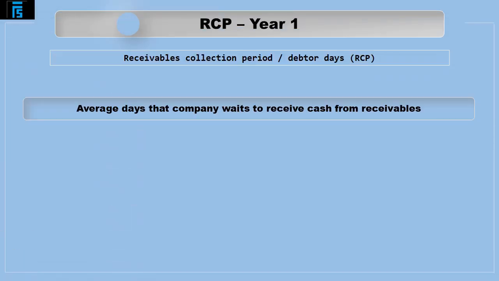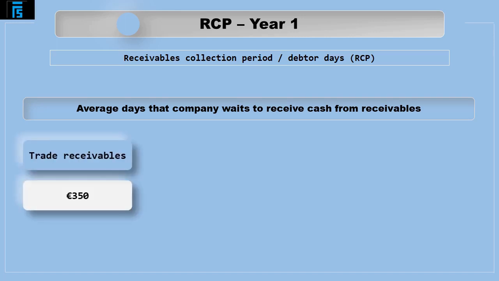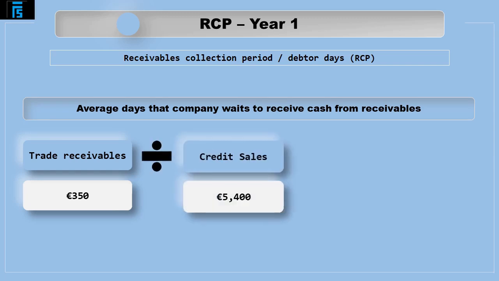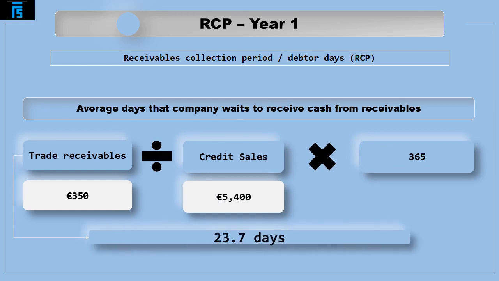In the analyzed example, it is not apparent what portion of the revenue comes from sales on credit, so we will assume that the entire revenue generated was subject to deferred payment terms. Accordingly, to calculate debtor days for year 1, we divide the balance of receivables amounting to €350 by revenue of €5,400 and multiply the result by 365, which gives 23.7 days.